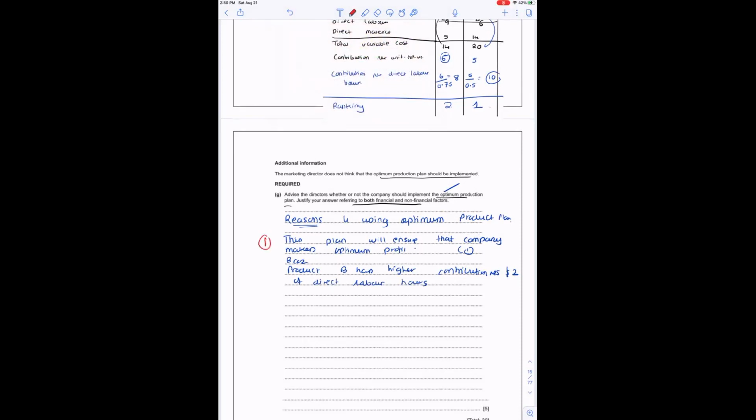If you have any more reasons, you can give. Reasons for disagreeing. Company has a risk of losing customers of product A. Product A has higher contribution.